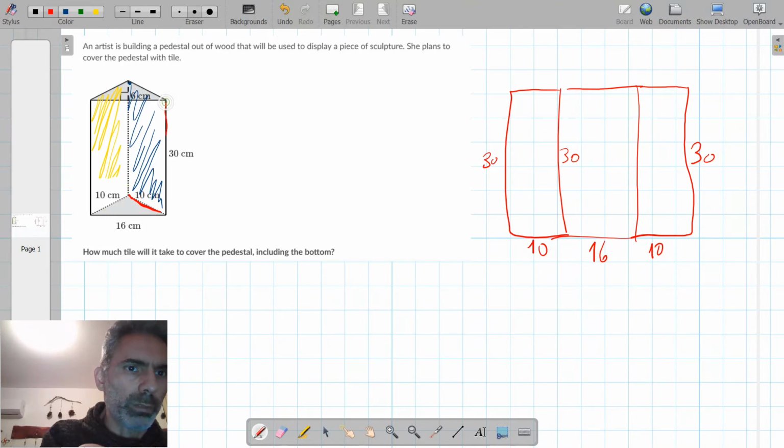This rectangle has a base of 10 and a height of 30.